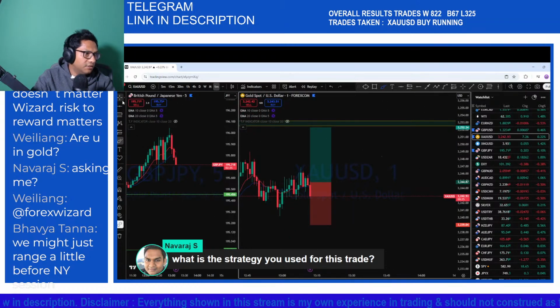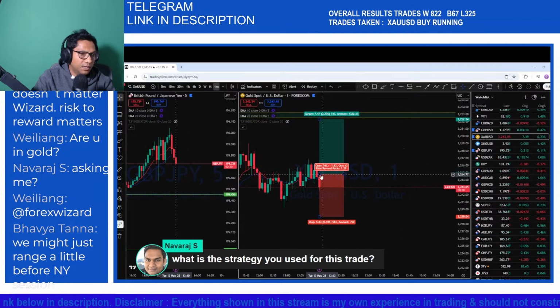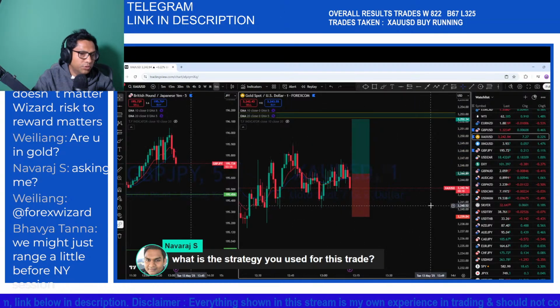Because whenever the market grabs liquidity from one side, the market moves on the other side.